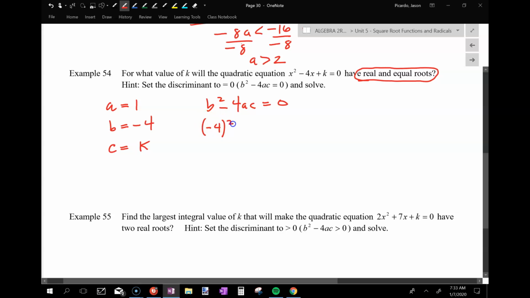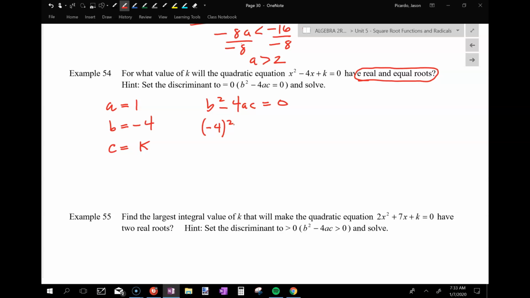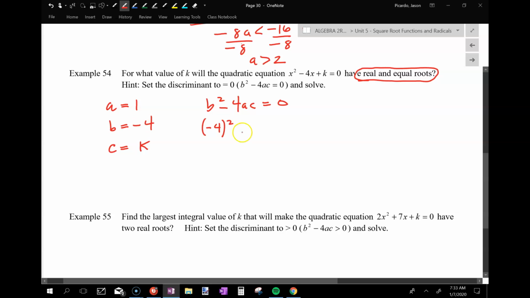So that means I'm doing this, right? What's -4 squared the same as? 16, right? Positive 16 because it's a -4 times a -4, right? All right, so I just substituted, right? 16 minus 4k equals 0. Add the 4k.